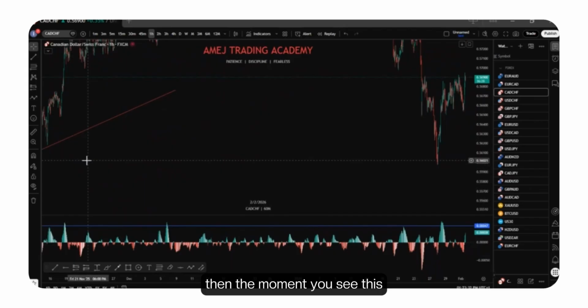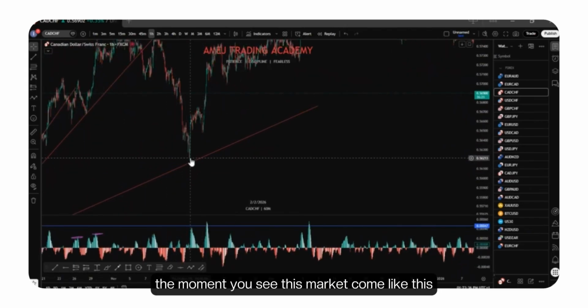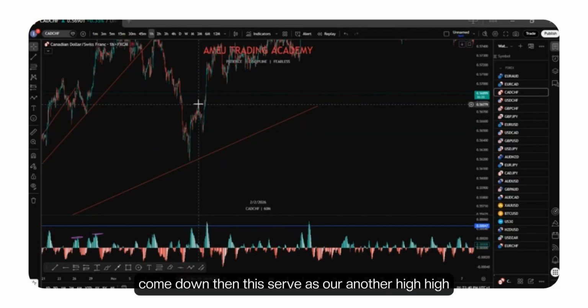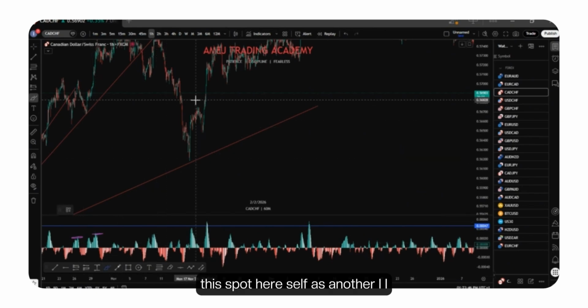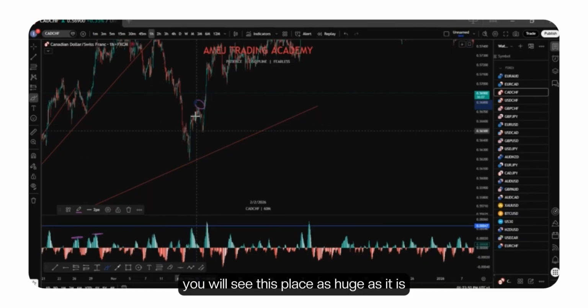Then the moment you see the market come down like this, this serves as our another high. This spot here serves as another high. If you go to a smaller time frame, you will see this place as huge as it is.